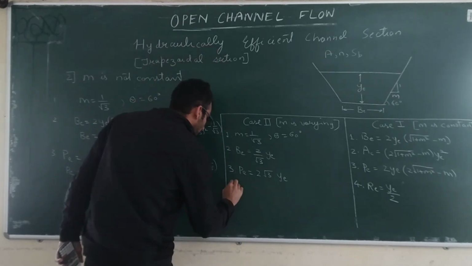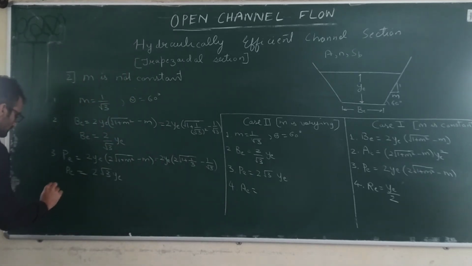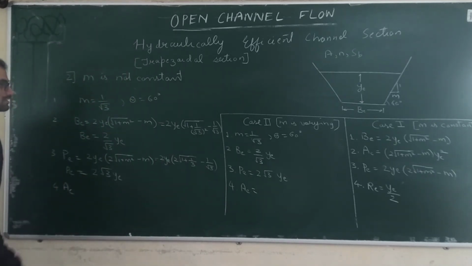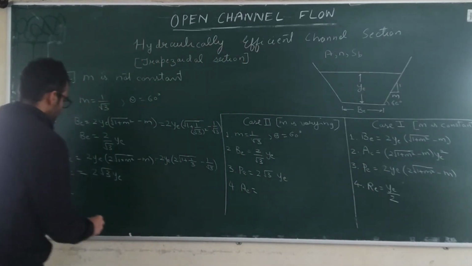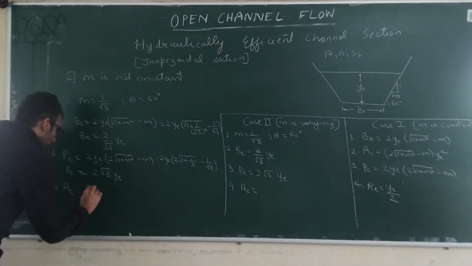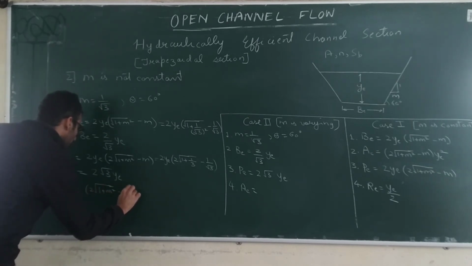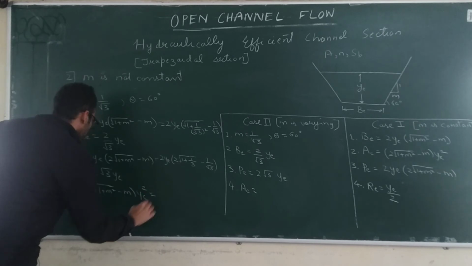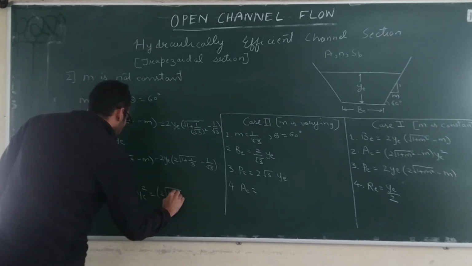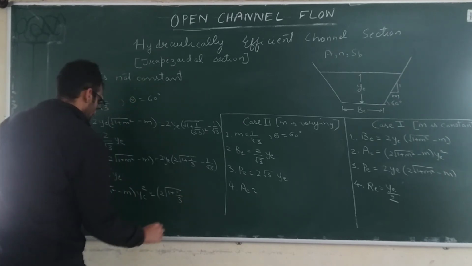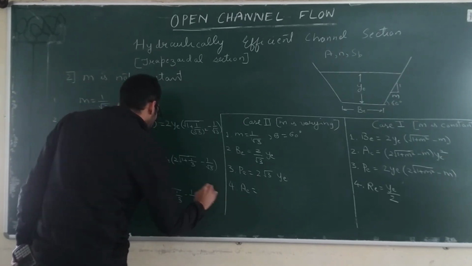You can also find out the area. The expression for area was 2 under root 1 plus m square minus m into ye square. Just put the values: 2 under root 1 plus 1 by 3 minus 1 by root 3, ye square.